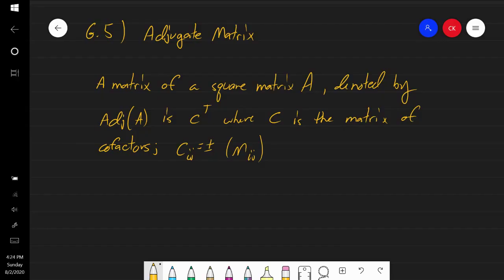So let's grab a theorem that will go along with this, particularly around finding an inverse. This is going to be theorem 14 in our text.